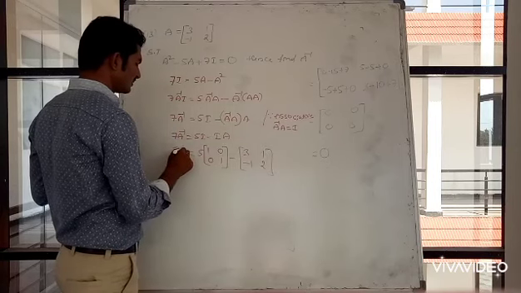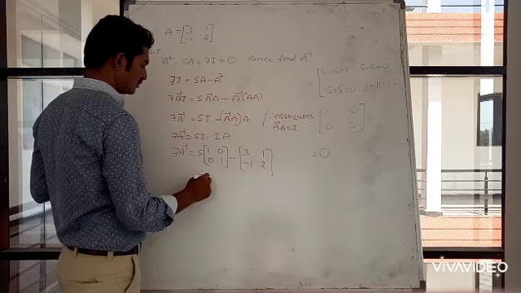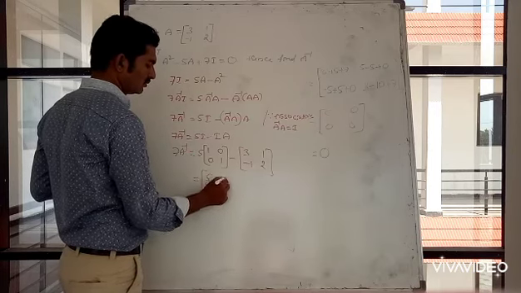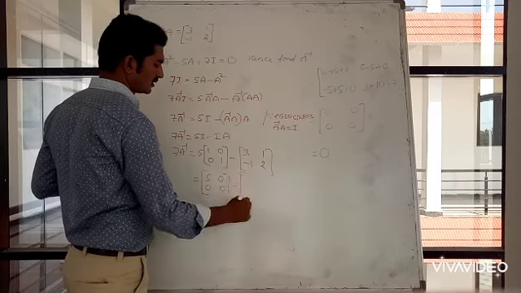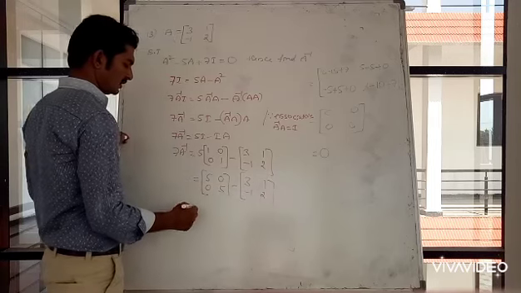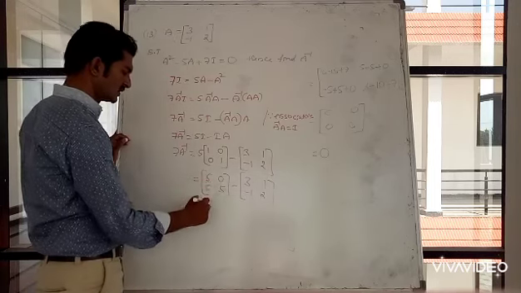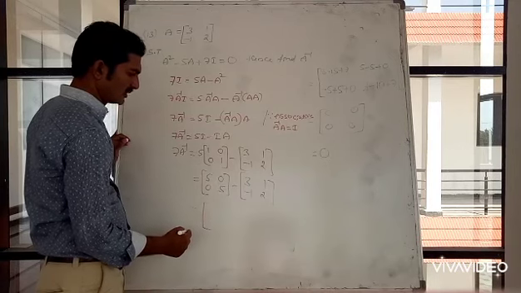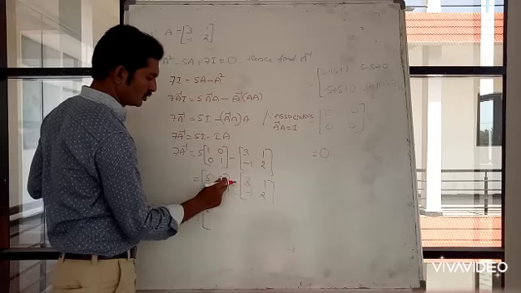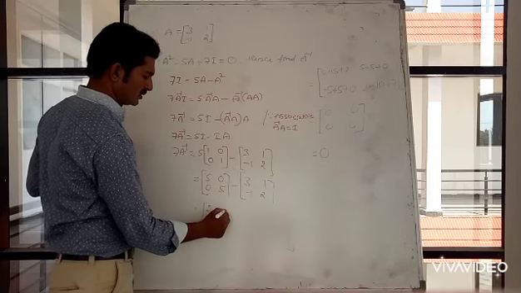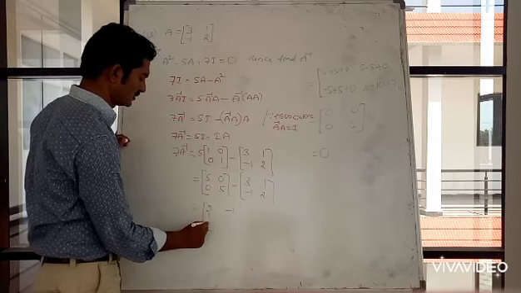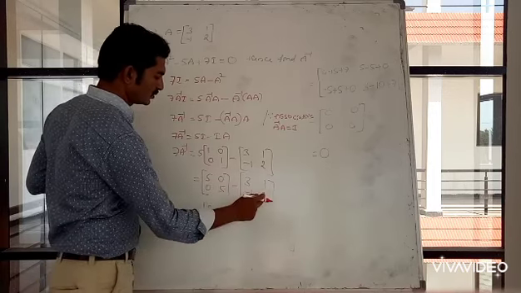It is nothing but 7A inverse. Simplify this. 5 0 0 5 minus 3 1 minus 1 2 is equal to 5 minus 3, 2, 5 minus 3, 0 minus 1, minus 1, 0 minus of minus 1 plus 1, 5 minus 2, that is 3.